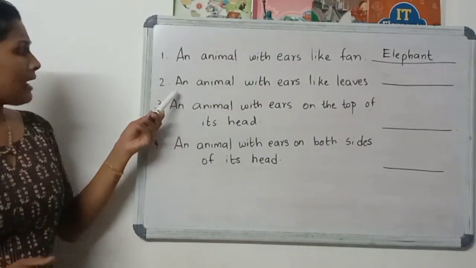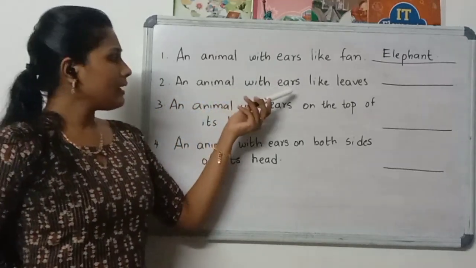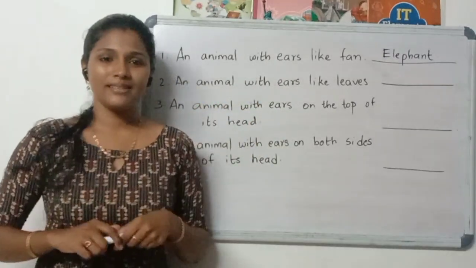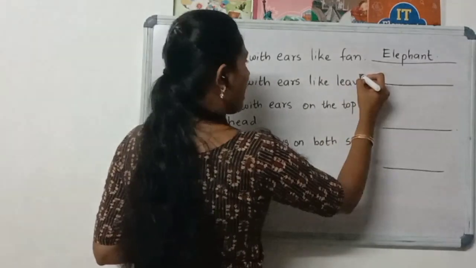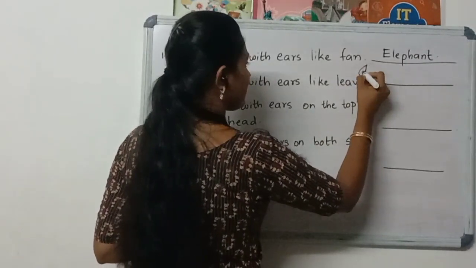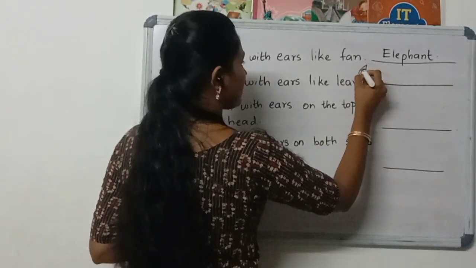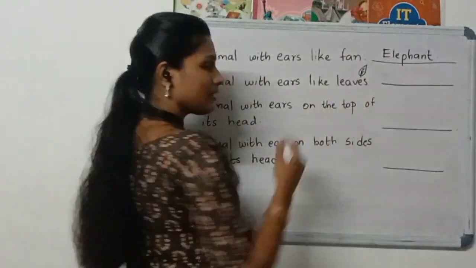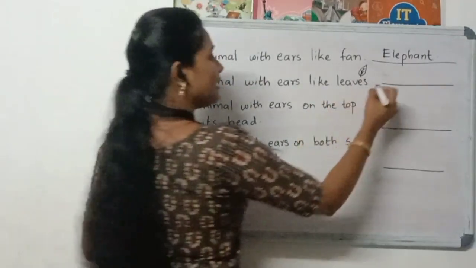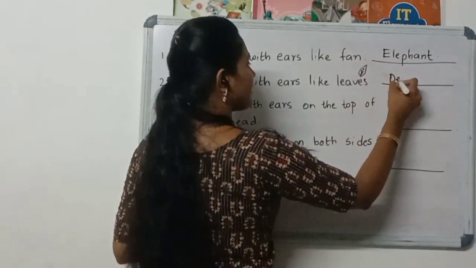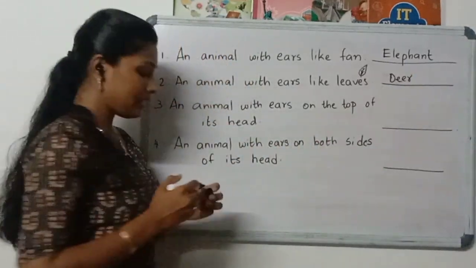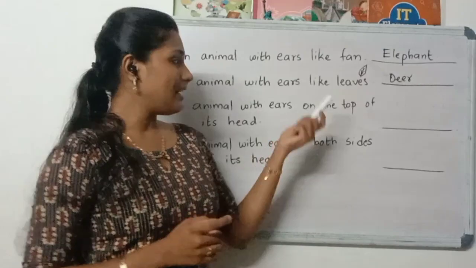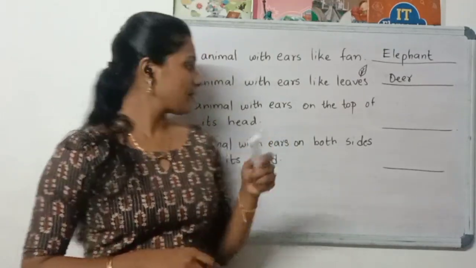Okay, an animal with ears like leaves. A leaf, how does a leaf look like? Yes, a deer has leaf-like ears.